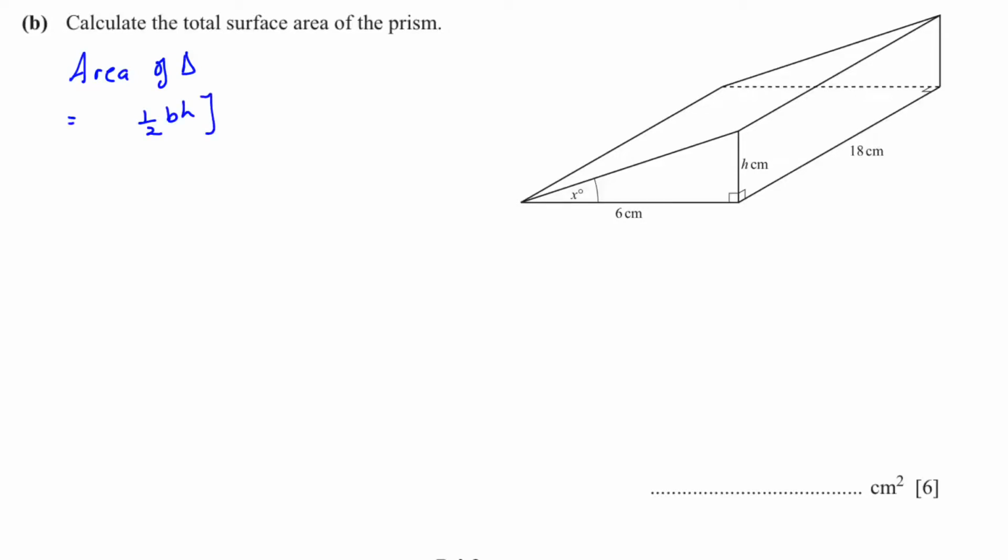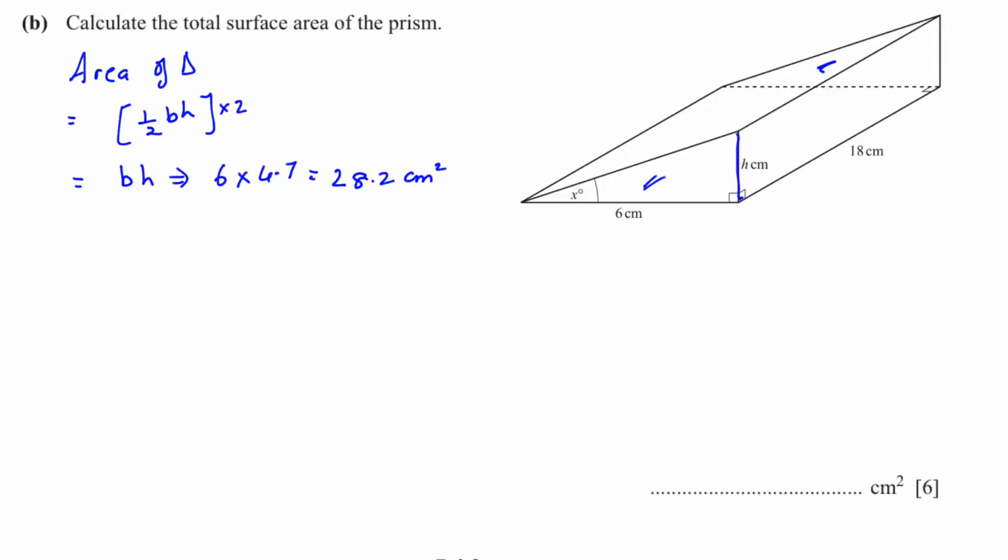But because there are two triangles, we'll multiply by 2. That will give us base times height. The base is 6 and the height we found is 4.7. That is 28.2 square centimeter. So we have found this triangle area.